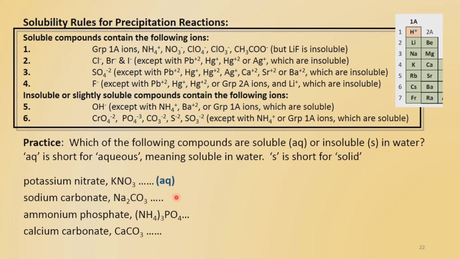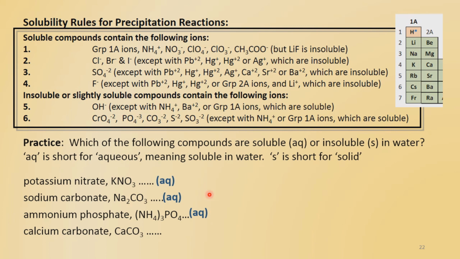How about sodium carbonate, Na2CO3? It's true that most carbonates are insoluble, but when combined with the group 1A ions, like sodium, they're soluble. Ammonium phosphate. We saw that all phosphates are insoluble unless they're combined with one of these exceptions, and ammonium is one of those exceptions, and so ammonium phosphate is also soluble.